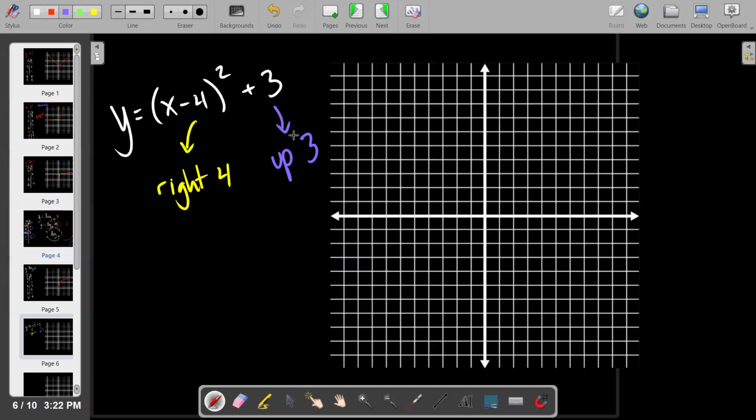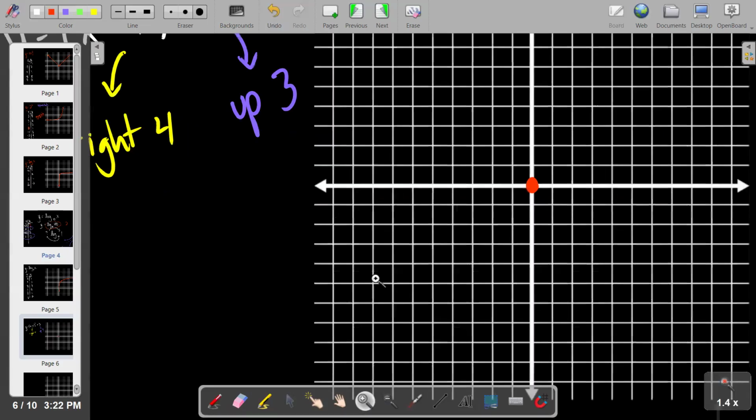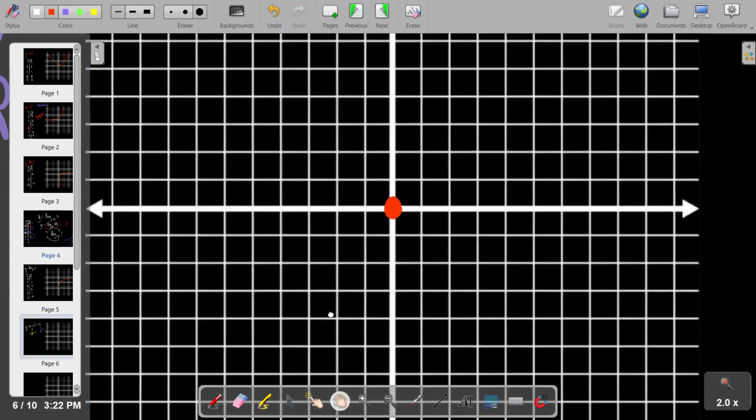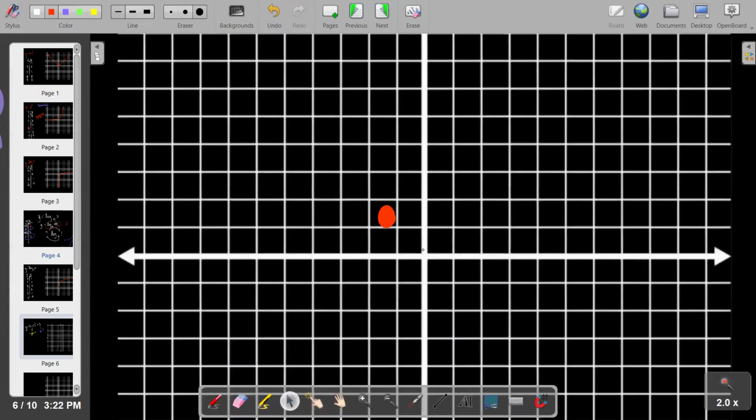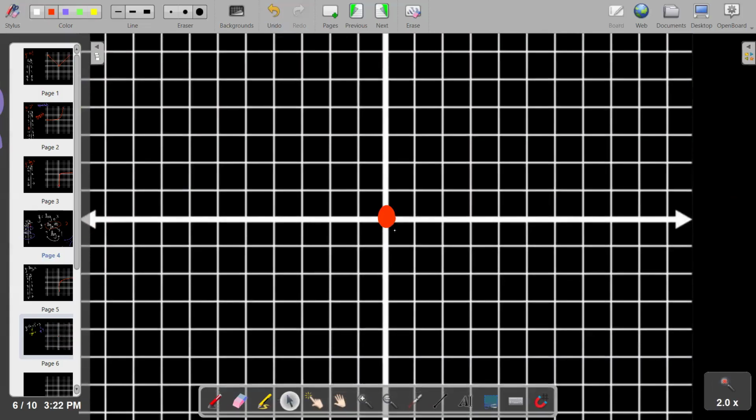So what I would do on this one is understand what it is, and then take the parent function and consider 1 point on the graph enough. There's where the parent point would be, but I'm going to move the graph right 4 and up 3. I didn't mean to grab the whole graph, so that's not going to work.